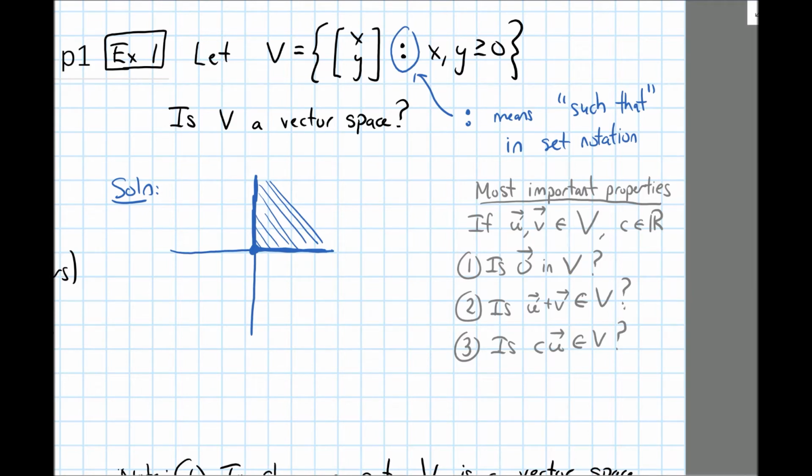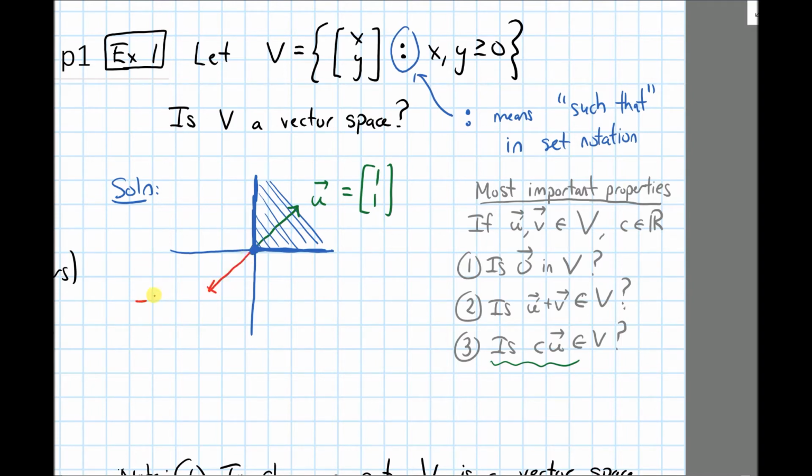So here's the property that's not going to be true. Let's say I take some vector in my set. Let's call this vector u, and let's just let this be the vector (1, 1). I'm going to try to violate the scalar multiplication closure property. I'm going to multiply u by a negative number, negative 1.